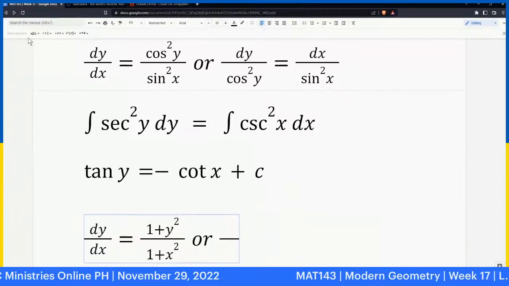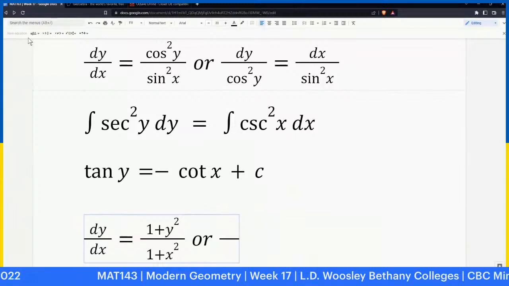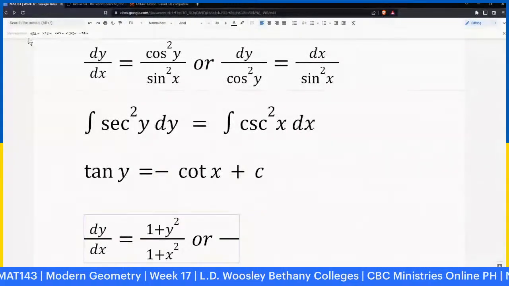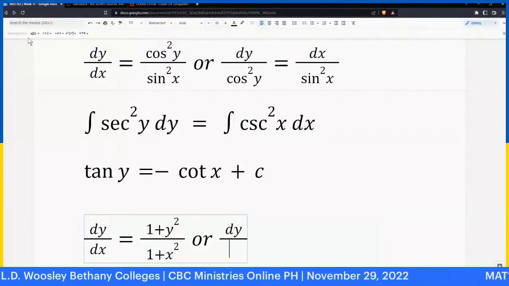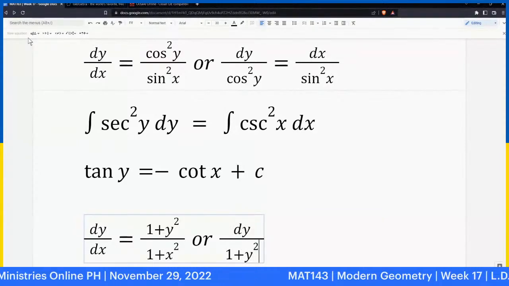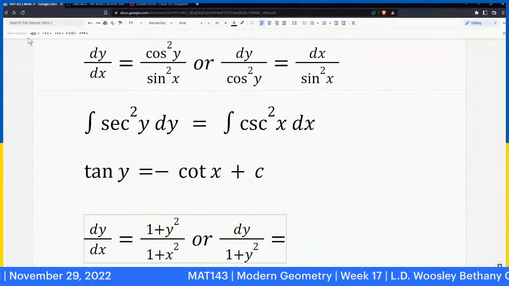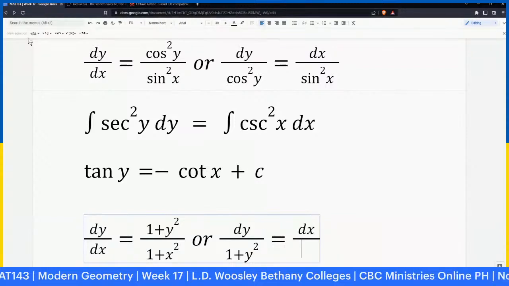Okay, you separate the variables. So dy all over 1 plus y squared is equal to dx over 1 plus x squared.